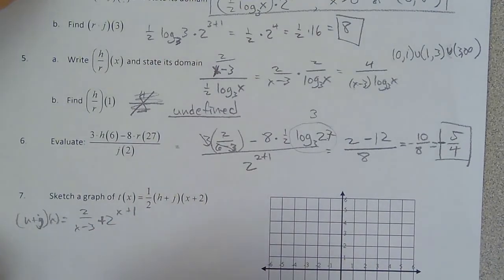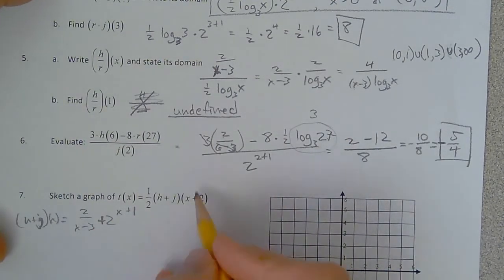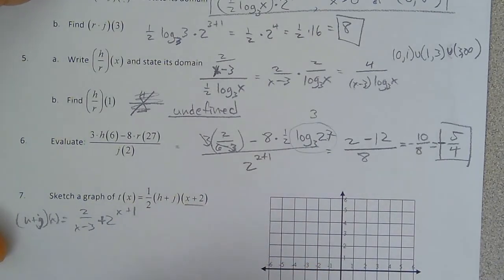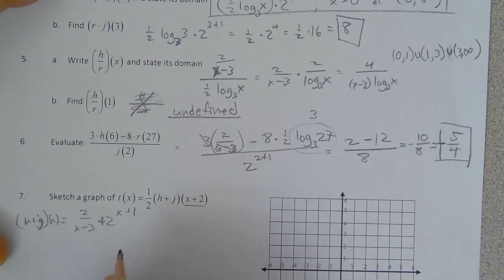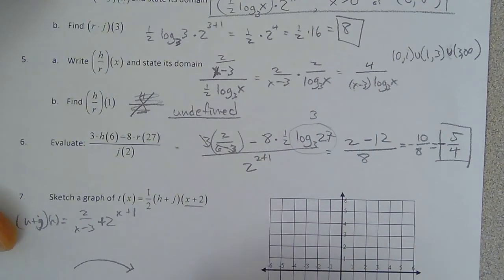And we're going to want half of that, and this part over here, there's been a transformation made to that. So this is kind of a semi-complicated transformation. We're going to try to grab various points off of this, but this is going to be our h plus j graph.